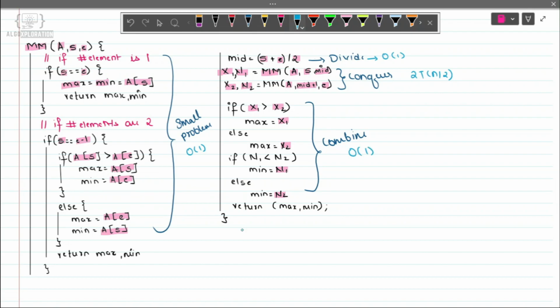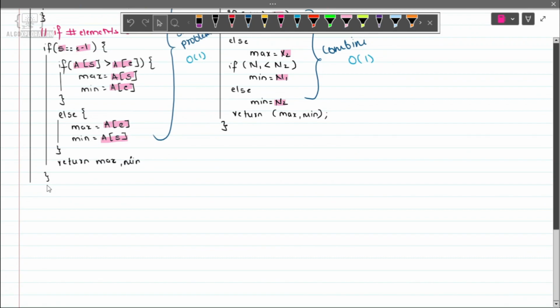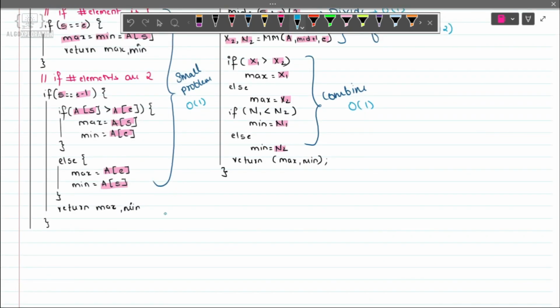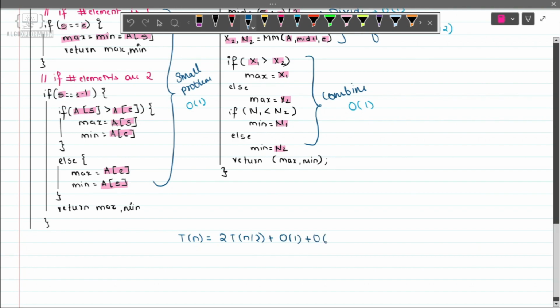Now let's find the recurrence relation based on time. So here the recurrence relation will be T(n) equals 2T(n/2) plus order of 1 plus order of 1, time taken for divide and time taken for combine, when n is greater than 2, or else order of 1 if n equals 1 or 2.